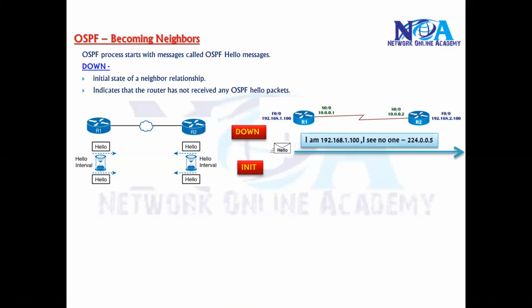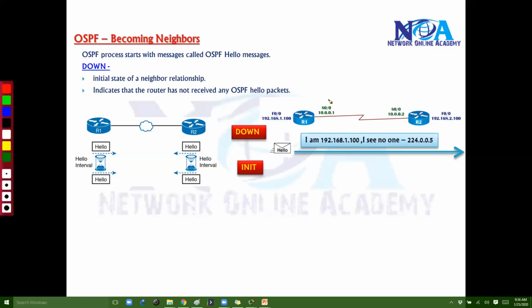Here we are assuming that we have configured OSPF here, and maybe OSPF is not configured yet on router 2. But once you configure OSPF on router 2, it will listen to these hello messages. These multicast addresses are dedicated addresses which are listened to only by those specific protocols.